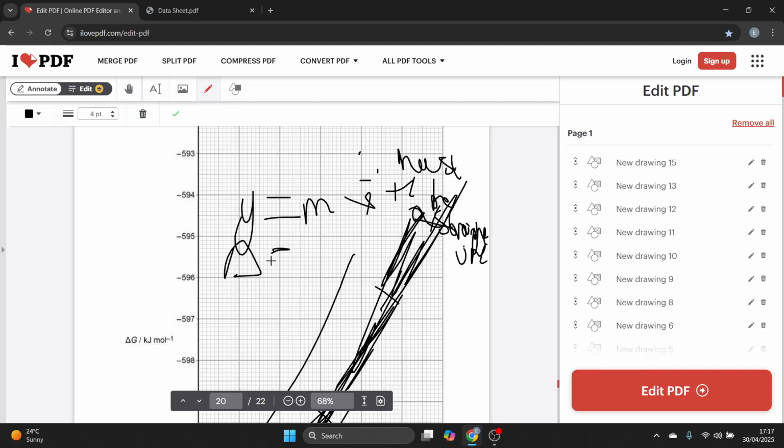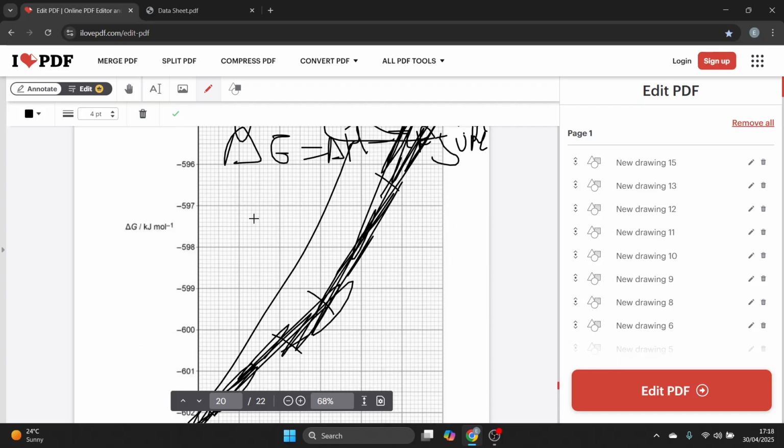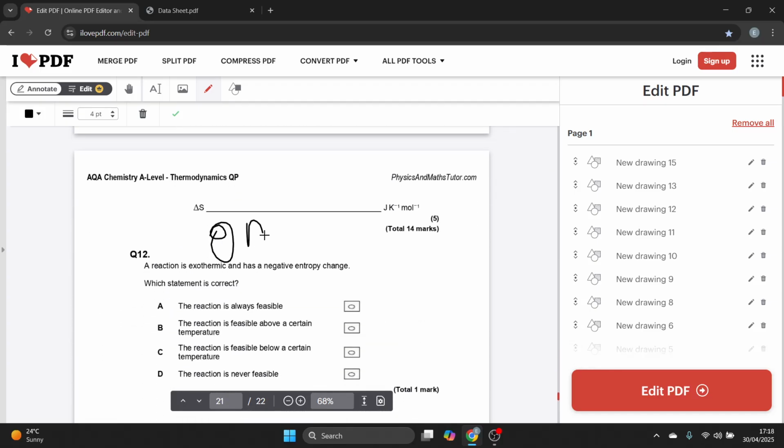And then obviously I'm comparing it to delta G equals delta H minus T delta S, and I know delta H is c, I know T is x, and I know minus delta S is m. So I know gradient equals minus delta S. Okay, so the gradient is, I get 0.167 equals minus delta S. Delta S equals minus 0.167.